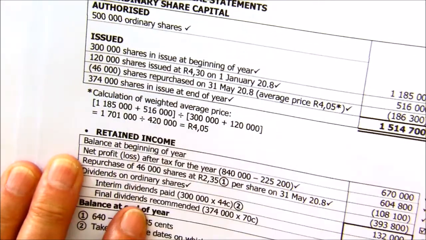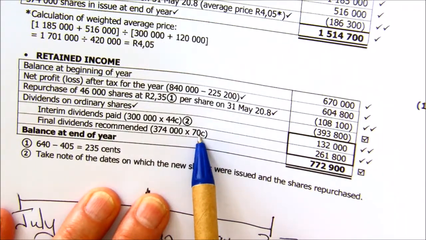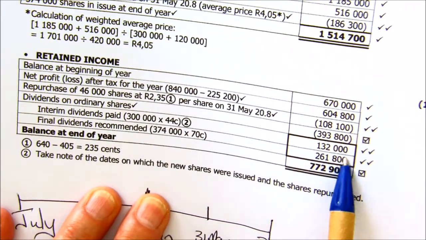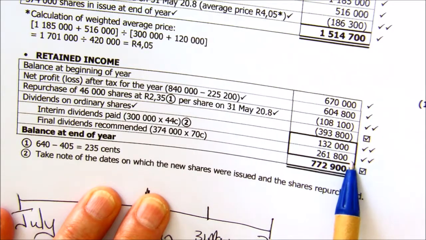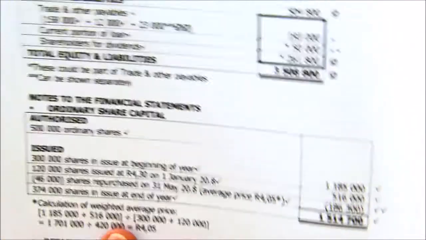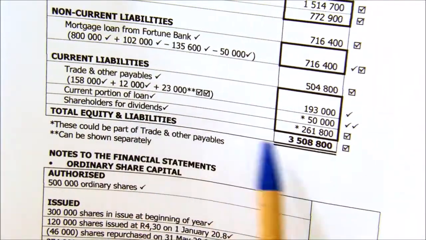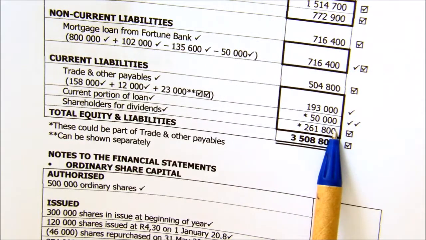And those are the shares that are going to get the final dividend of 70 cents per share. Remember, this amount has only just been declared, so you would still owe it. And that's why in your balance sheet, if you look up top here, you'd have your shareholders for dividends as well.